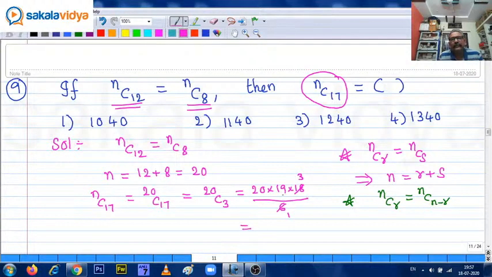That means 20 times 19 times 3, which is 57. So 57 times 20, 2 sevens are 14, 1 1 4 and 0 is there, 1140. So second option is the right option.